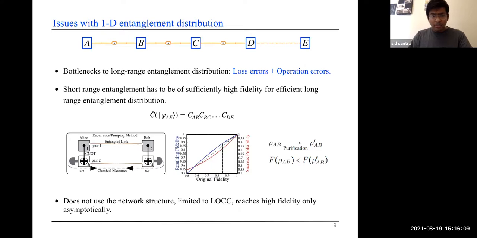So one problem with this is that even though this linear chain is part of a quantum network, it doesn't really use the network structure, it uses only LOCC operations, and it reaches high fidelity only asymptotically after a large number of iterative operations.